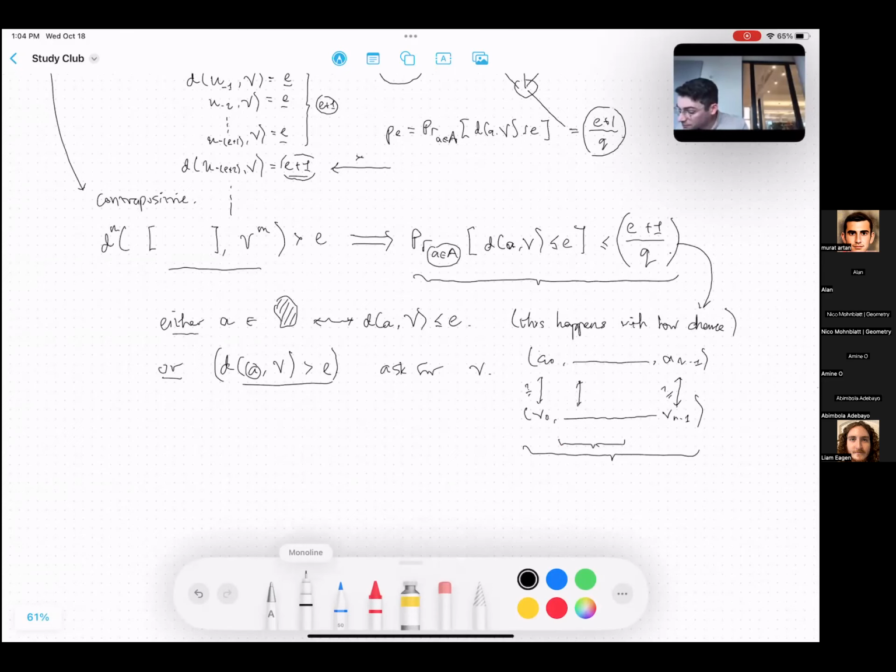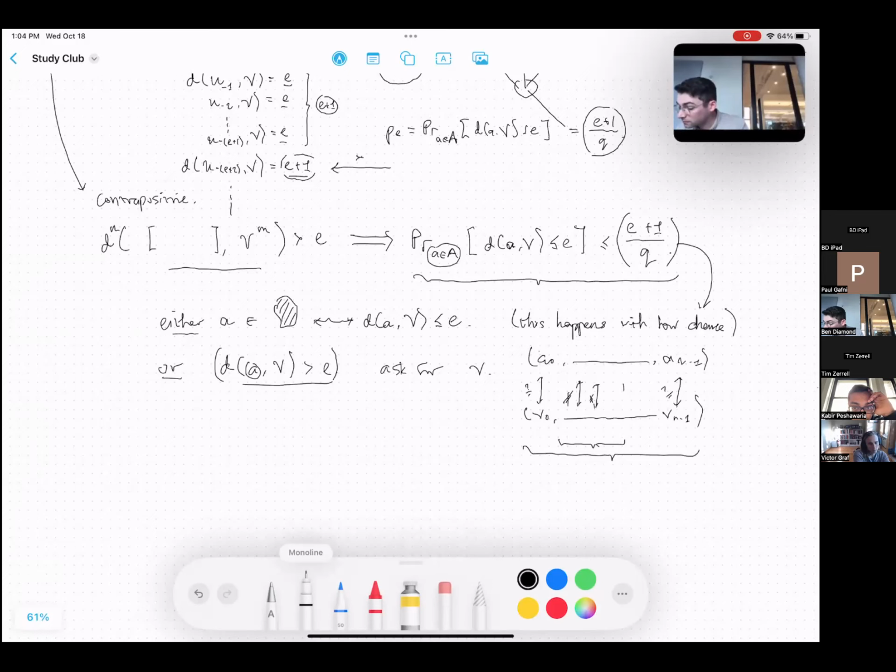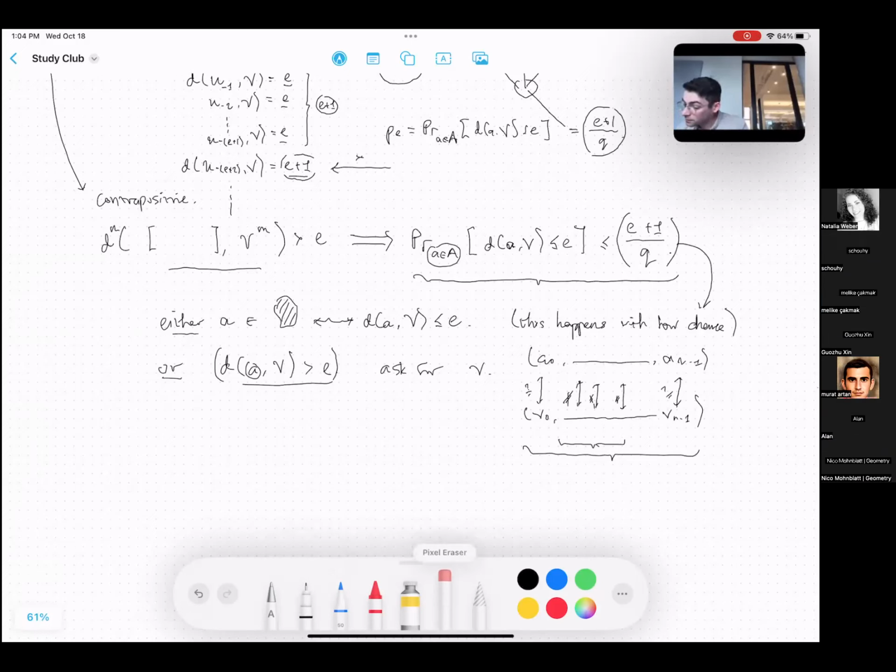Let's say that these are unequal, and so this bracketed range is the ones that are unequal. I can say that with probability greater than E, the size of the bracketed range is bounded from below by E. These are equal.